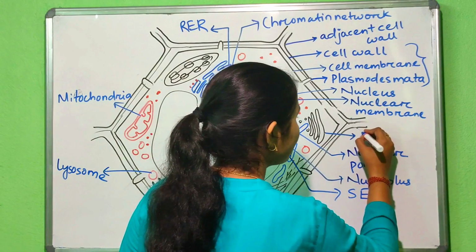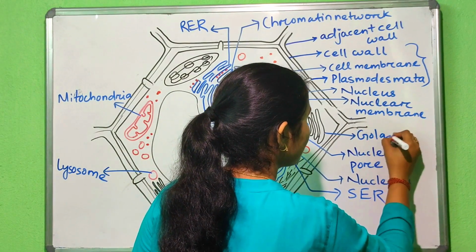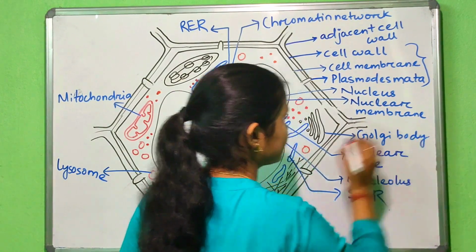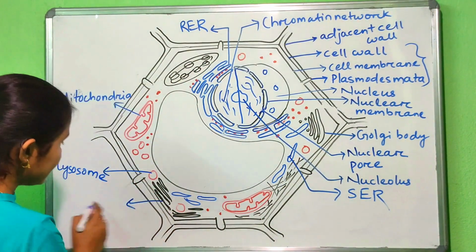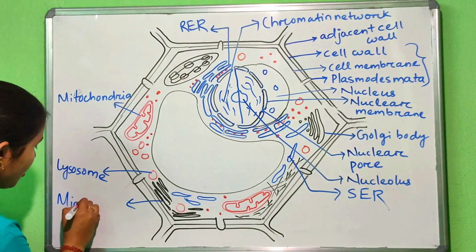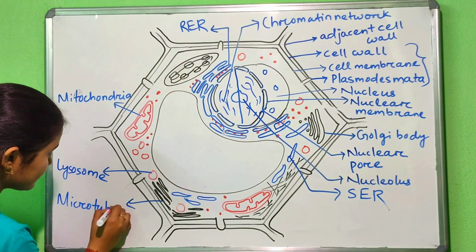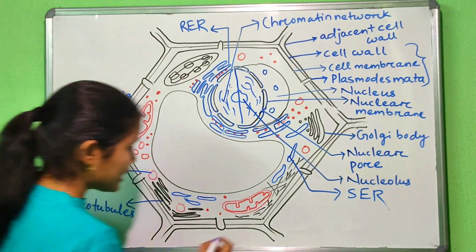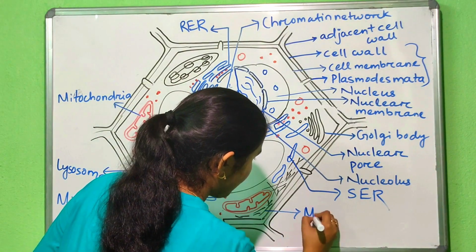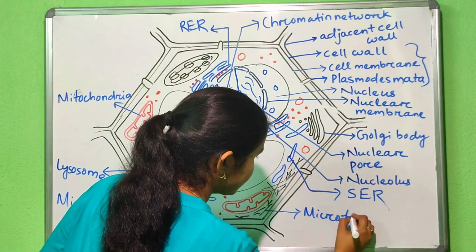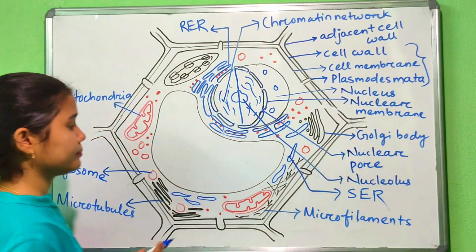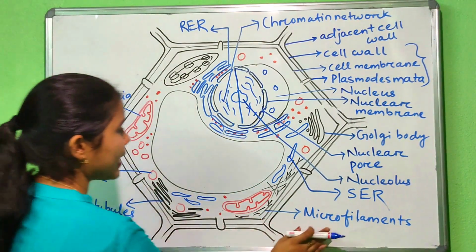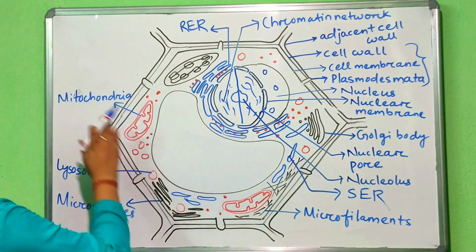This is the Golgi body or the Golgi complex. Clear? Now, what are these? These are the microtubules. And these are the microfilaments.